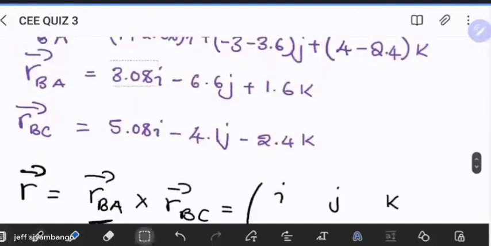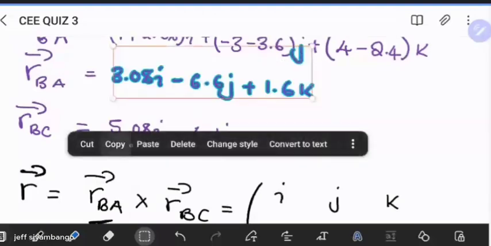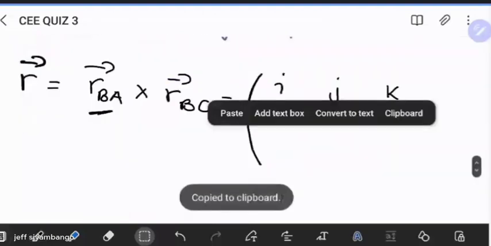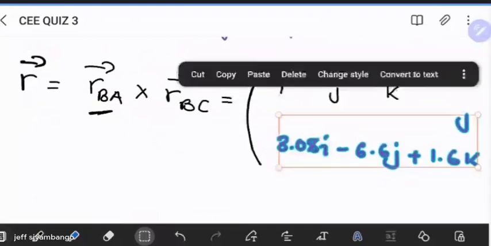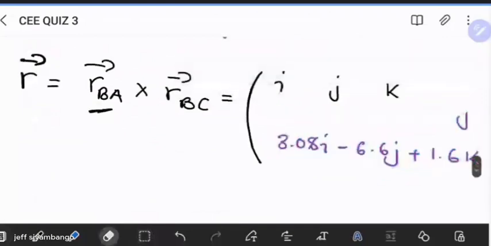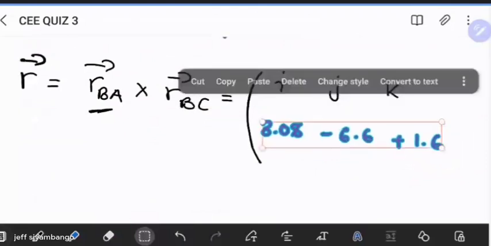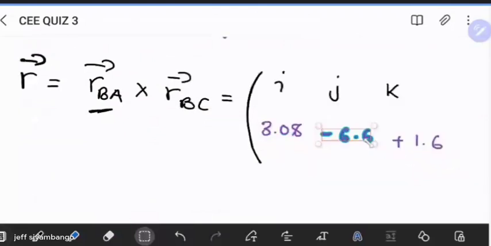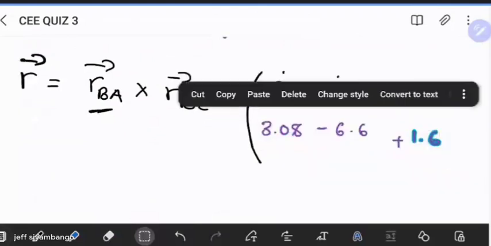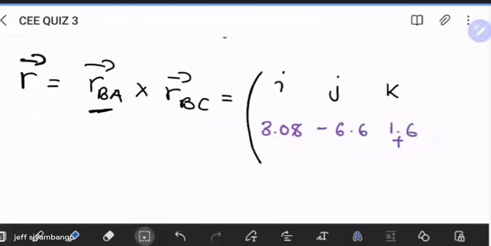And for this one, we have these here. So those will follow here. You don't need the unit vectors for these, so I'm removing these, and no need for this plus here.